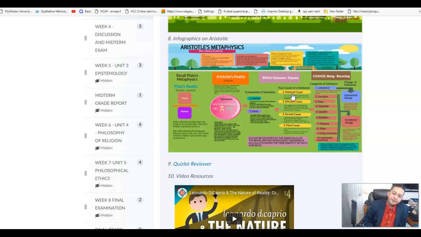Okay, now another arrow is called the categories of a substance. When you say categories, you can ask, how is the substance being used? Now, the answer is as a substance or as an accident. How did we define a substance earlier?